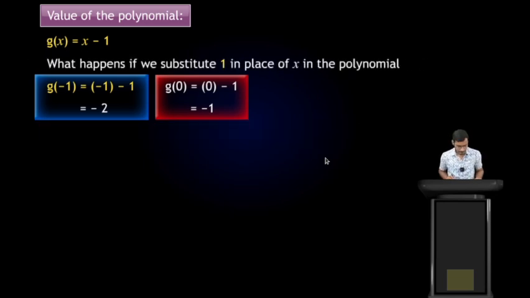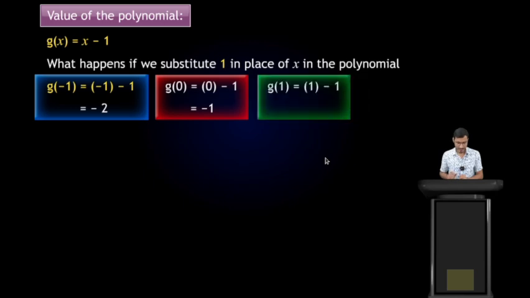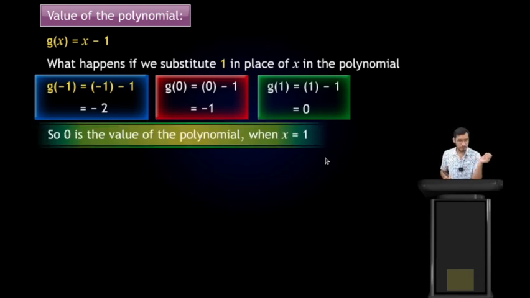What happens if we substitute 1 in place of x? 1 minus 1 will be 0, so 0 is the value of the polynomial when x equal to 1.